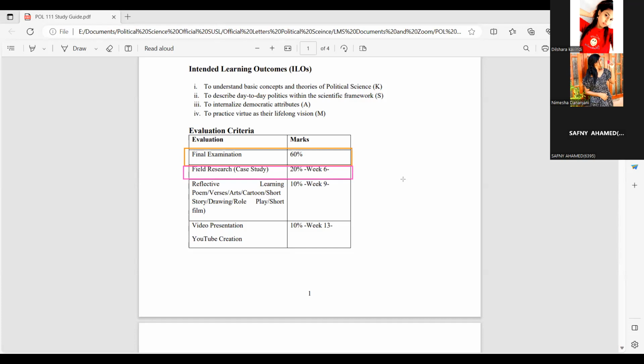Then you can convert this theoretical or conceptual knowledge into practice by writing a poem, writing a verse, drawing a nice picture, making a short film, a role play, a small drama, writing a very creative short story, or drawing a cartoon, right?